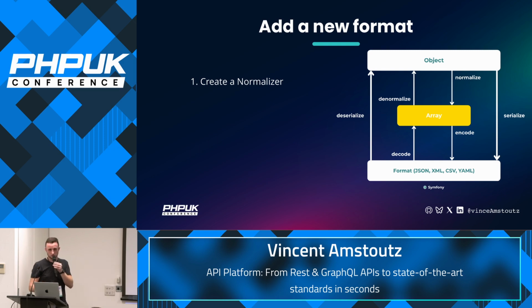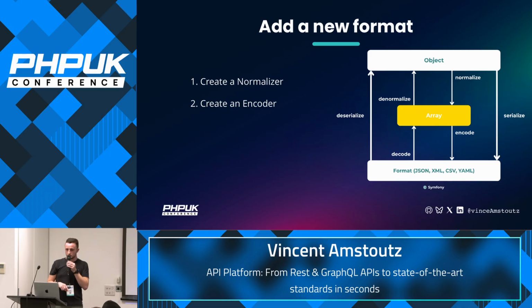Basically, it's two contracts, two interfaces to implement: the normalizer interface and the denormalizer interface. Then you should create an encoder with also two interfaces, the encoder interface and the decoder interface.